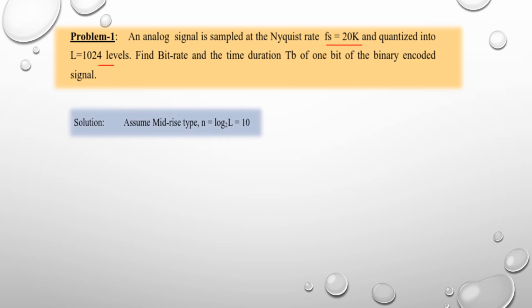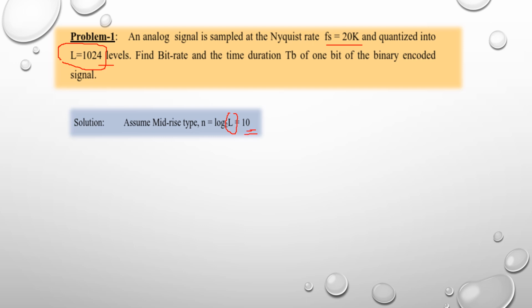Let's assume the quantization type is mid type. Here we have to find out the n value. So n is equal to log base 2 of L. We know that L is equal to 1024. Replacing L with 1024, we get n is equal to 10.